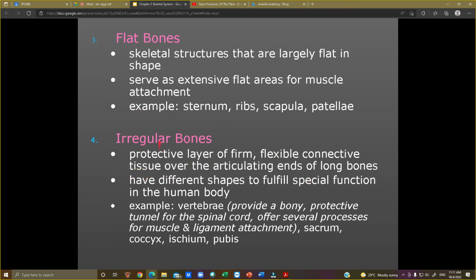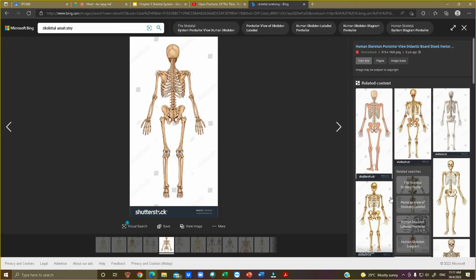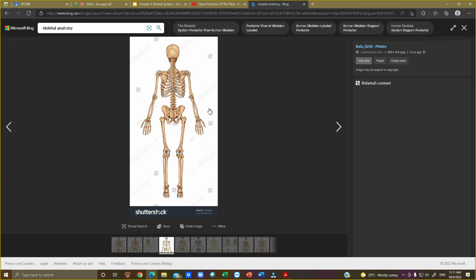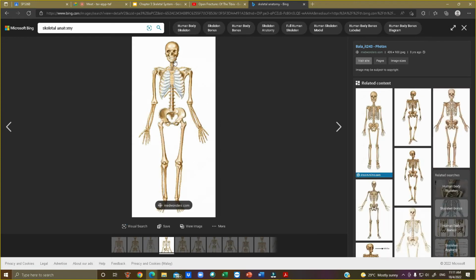Ni paling senang ni. Bentuk untuk irregular dekat dalam badan kat mana? Mandible. Contoh mandible kita punya ni. Okay, kita punya ni. Ni irregular ke? Short ke? Long ke? Flat? Apa ni? Rahang. Tak ada lah ni kan? Kita punya rahang. Ni bone apa?